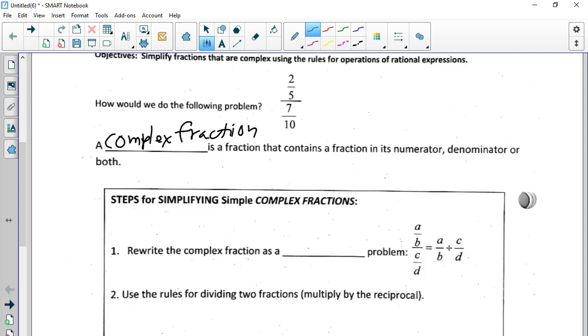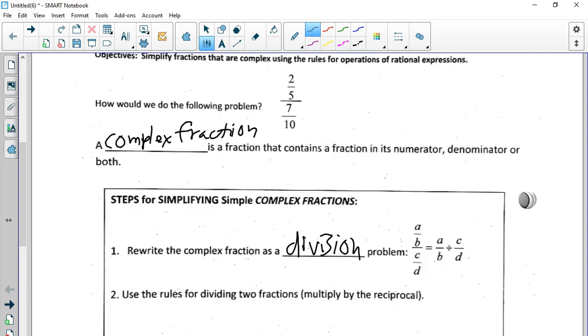So it's just a fraction with a bunch of fractions. So what we're going to do is rewrite this complex fraction as a division problem. And remember, then you're going to multiply by the reciprocal.